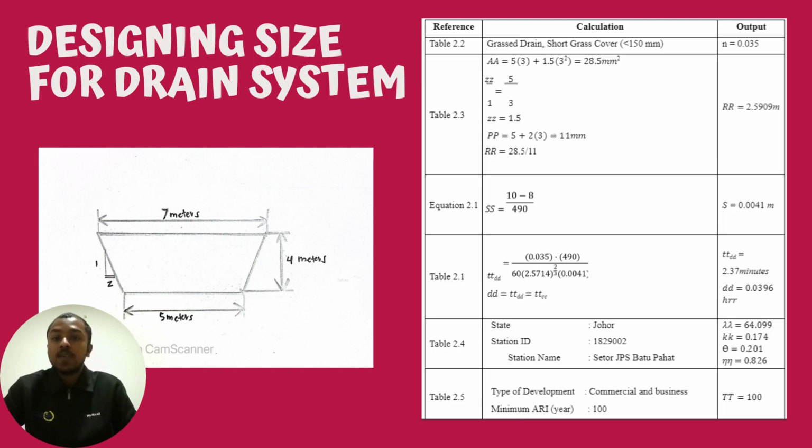As we see, the diagram shows the design of our new drain, 7 meters, 4 and 5, in length, breadth, and height. On the right hand side, the calculation for the design of the drain is shown.